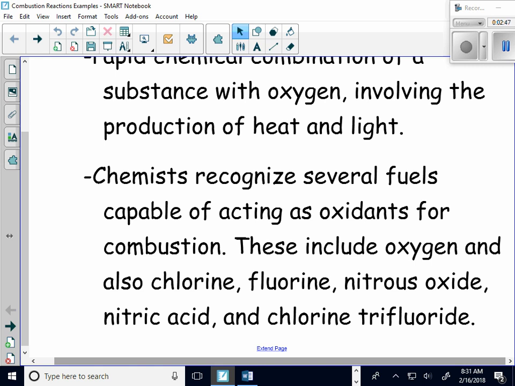So, oxygen is not the only thing. I want you to be aware of that. Oxygen is not the only thing that will help oxidize these reactions. It's the one we're going to deal with, but there are many different substances that are capable of doing so.